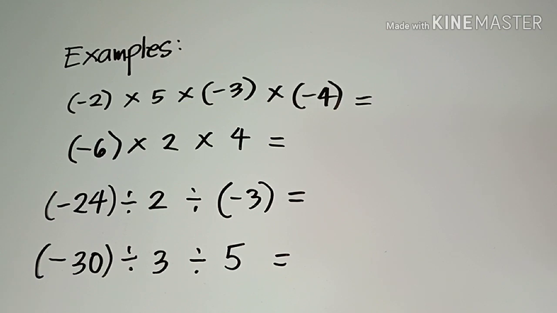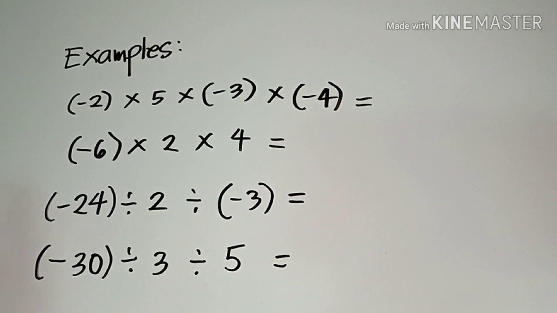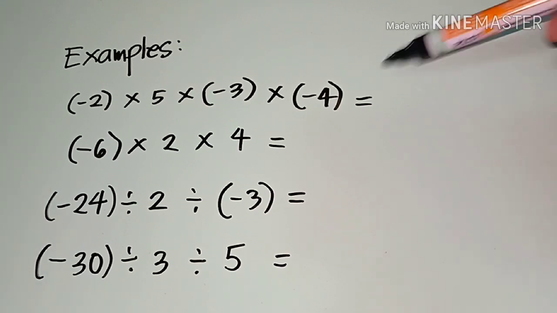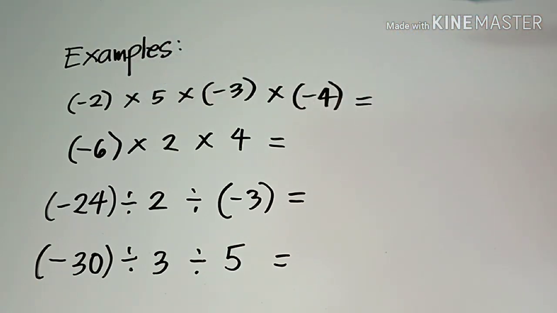Now, what if we are multiplying or dividing 3 or more integers? So, this is your hint or clue. You have to think of this one. If you are multiplying and dividing 3 or more integers, you just have to remember these things. You just have to take note of the negative numbers.